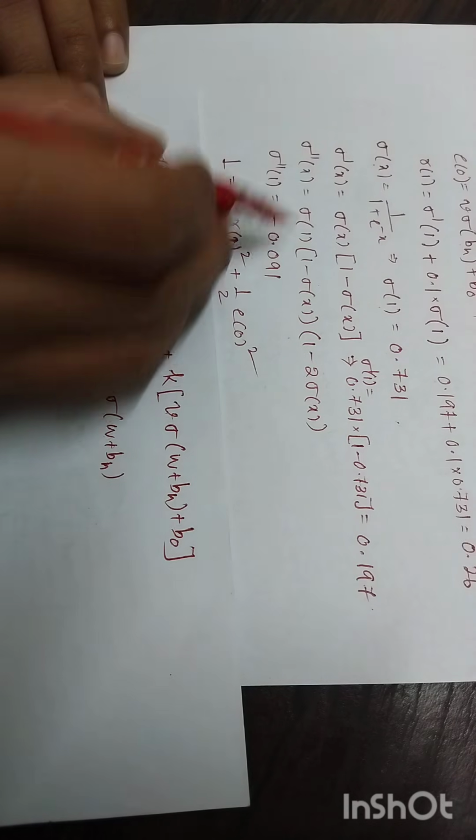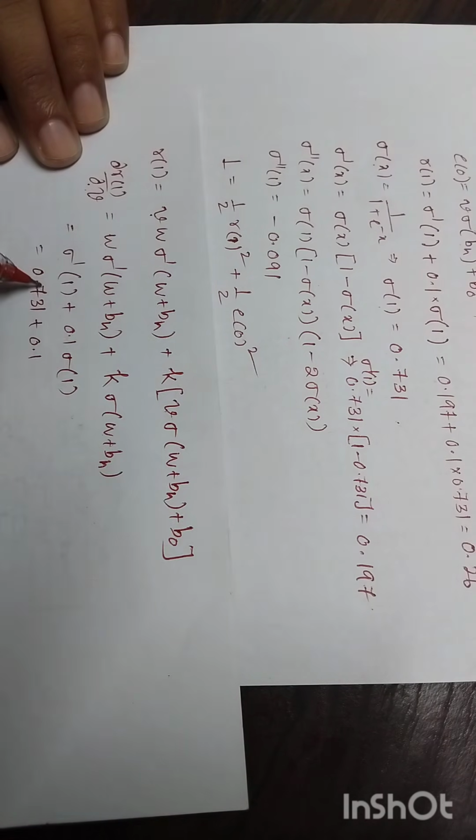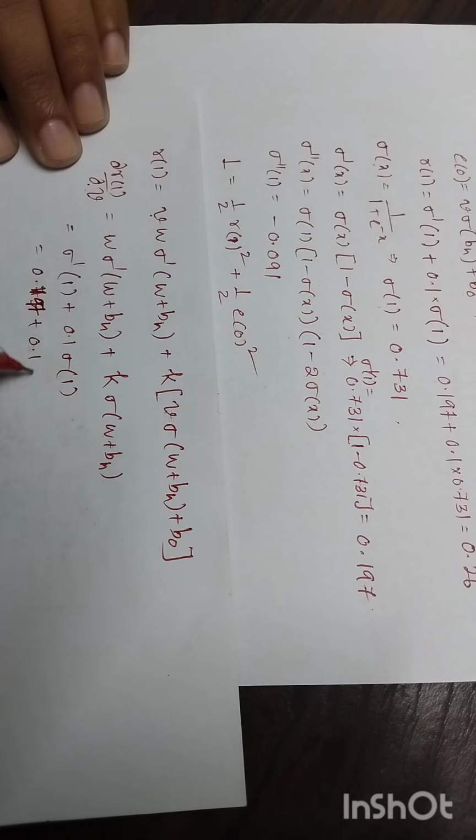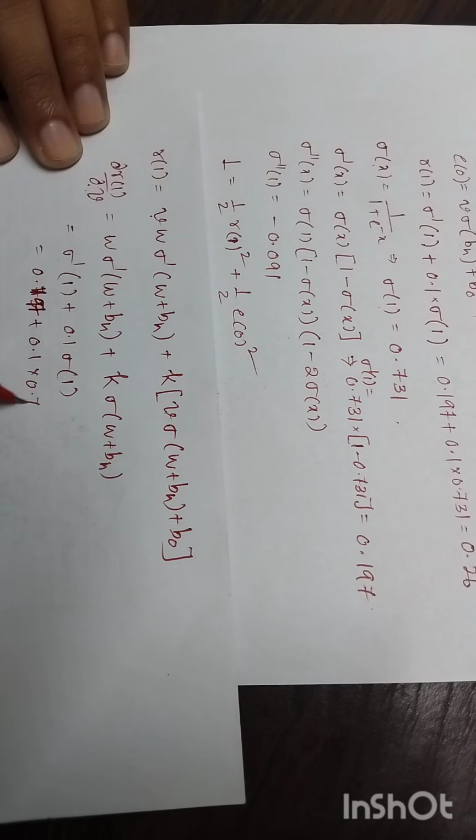Sigma dash of 1 is 0.197, and 0.1 into sigma of 1 is 0.73. If you calculate, it comes roughly around 0.26.